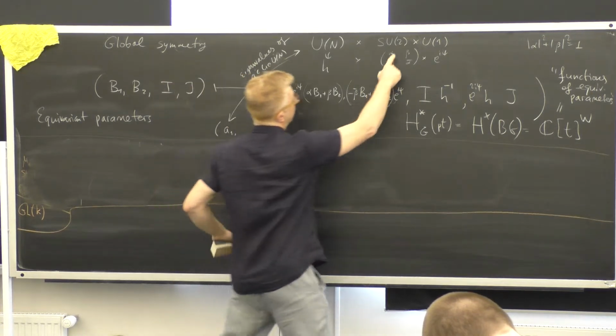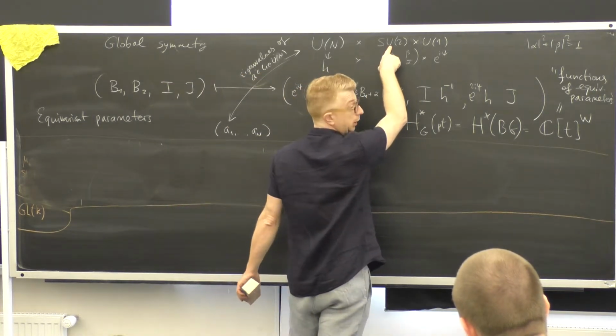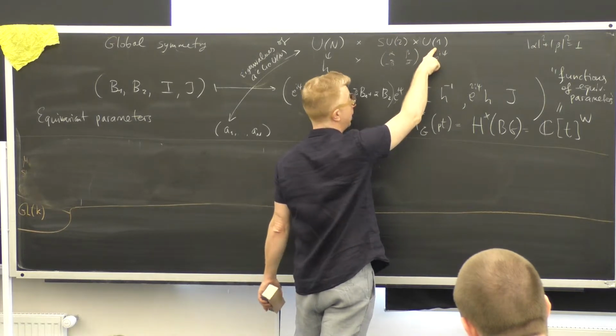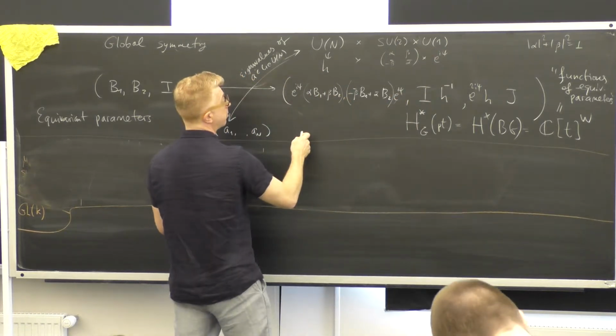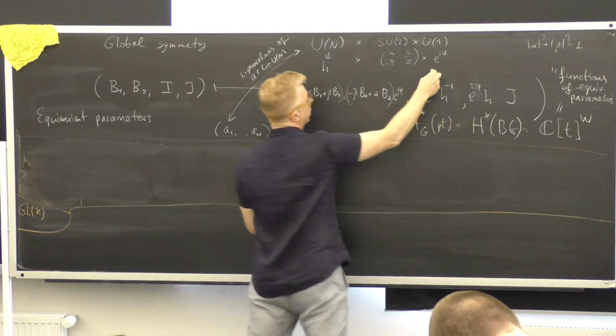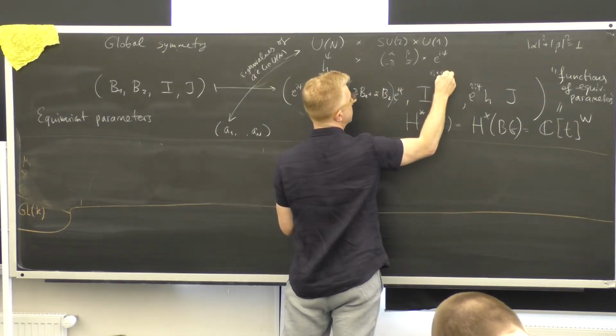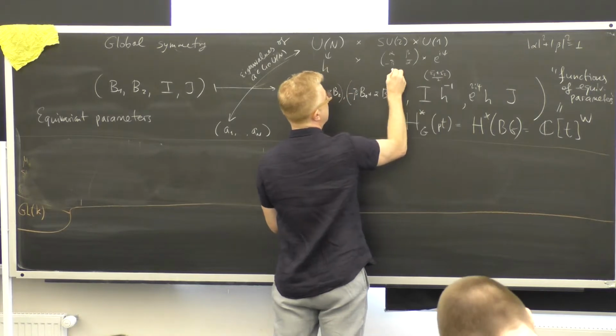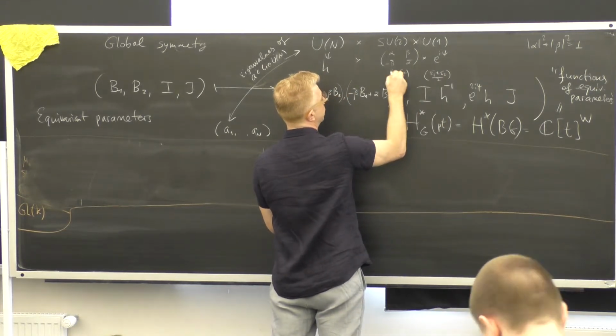And then the maximal torus of SU2 is one-dimensional. The maximal torus of U1 is one-dimensional. So the corresponding equivariant parameters for these groups will be called epsilon 1 plus epsilon 2 over 2 and epsilon 1 minus epsilon 2 over 2.